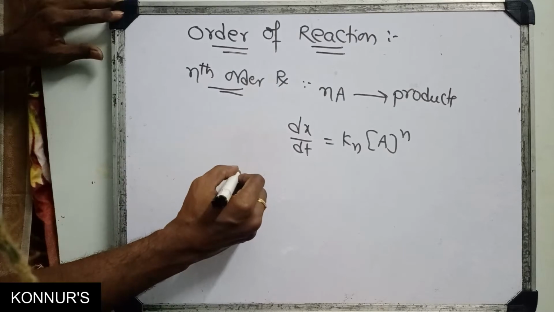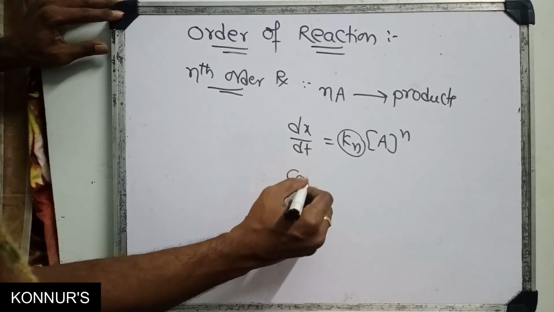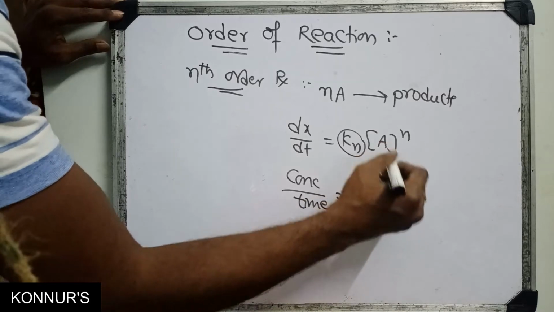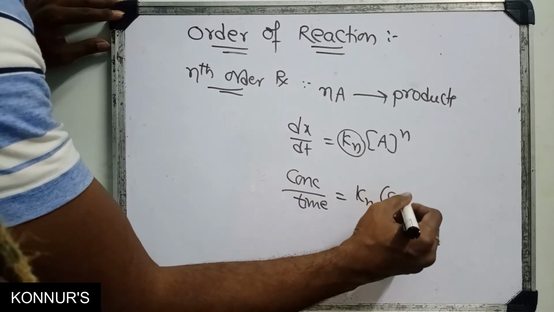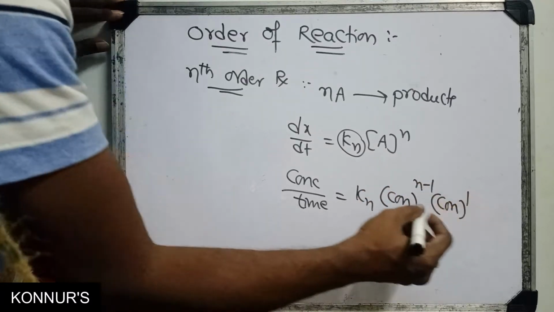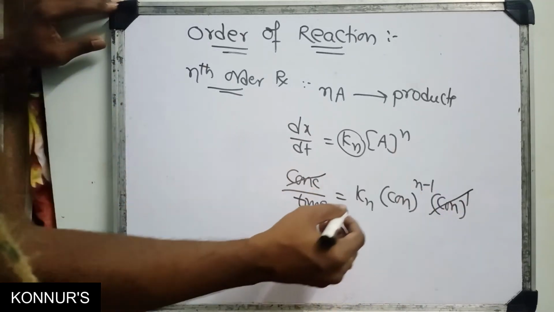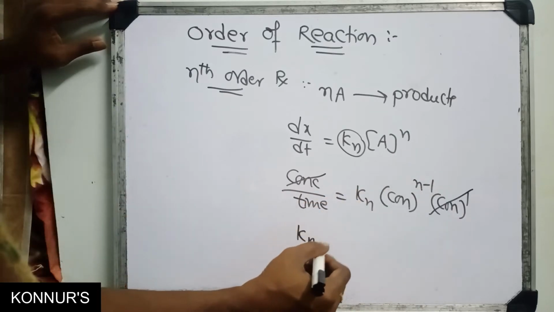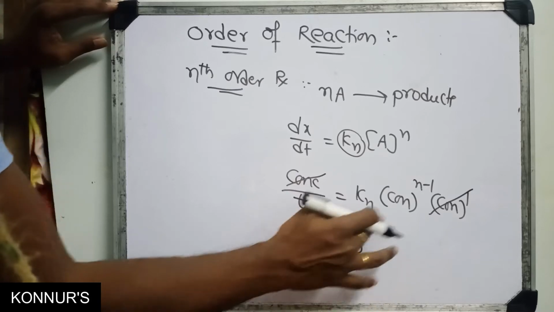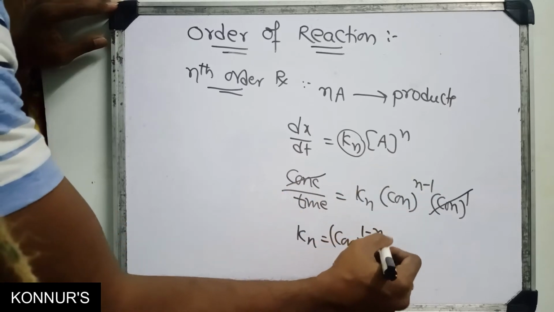Suppose you want to identify the units of Kn: dx by dt means concentration by time, equals Kn into concentration to the power of n. So Kn equals concentration to the power of 1 minus n.